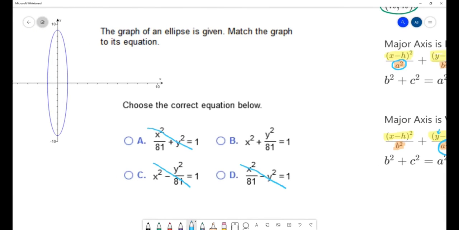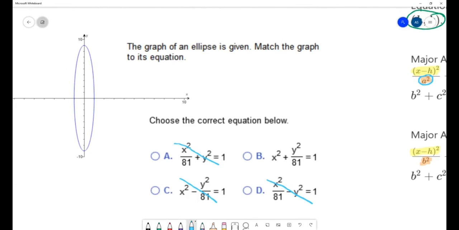Now, if we want to get into details, you can see here that the center is at (0, 0). And then if we go to the vertices here, those are at -9 and 9. So you can see that A is equal to 9, and that's why 81 is used in the equation.